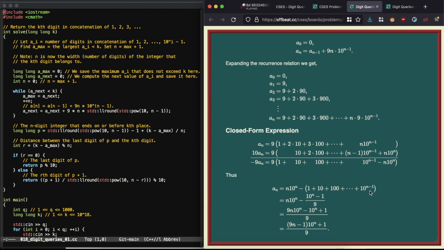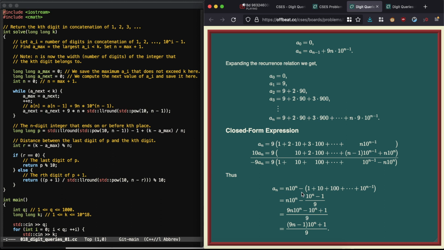And now we can solve this. We know the geometric series formula for this. So this would be the common ratio, and the first term multiplied by, so the first term is 1 already, so that is an invisible 1 here. Then in the numerator we have the common ratio raised to the power of n, because we have n terms here, minus 1, divided by 10 minus 1. And 10 minus 1 is 9, so that's what we are seeing here.